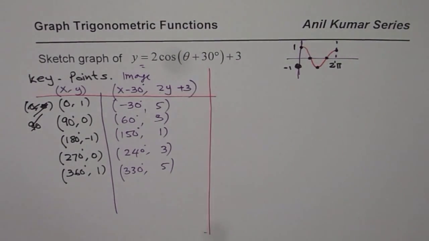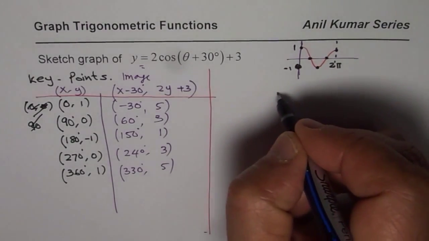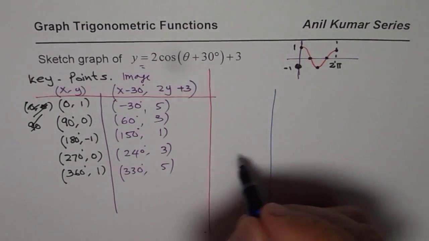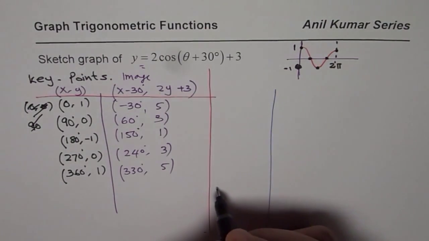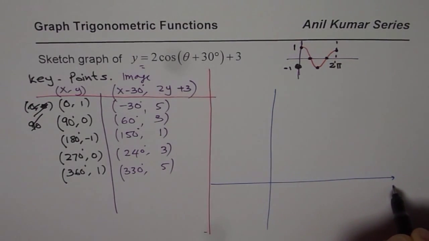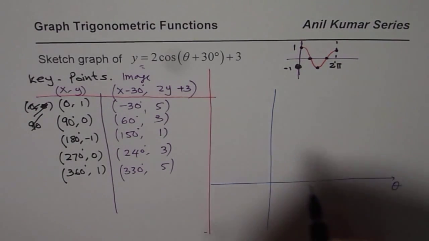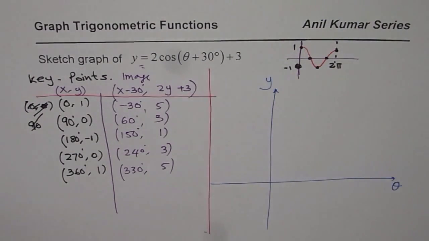Now let's look into another method, which is what you do really is that on your graph paper, we'll plot the x and y axis. Since there is a translation moving up, I'm making x-axis slightly down. This is my x-axis where I'll write theta. The y-axis is the name of the function, the y values. Correct?